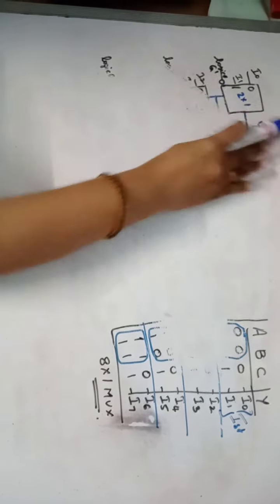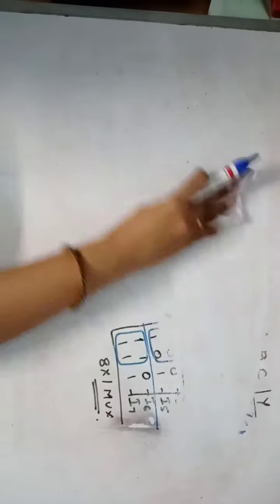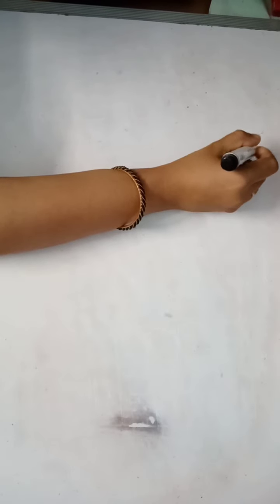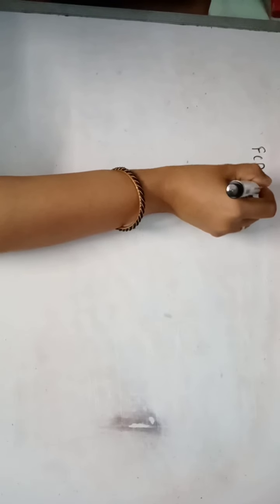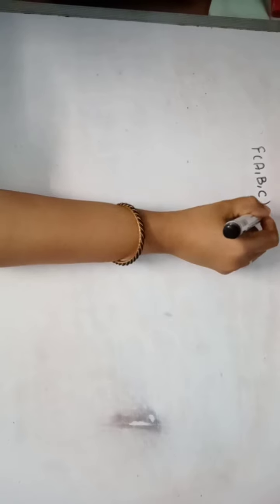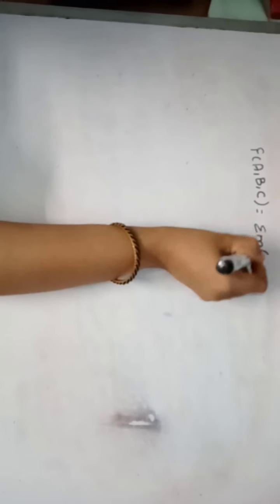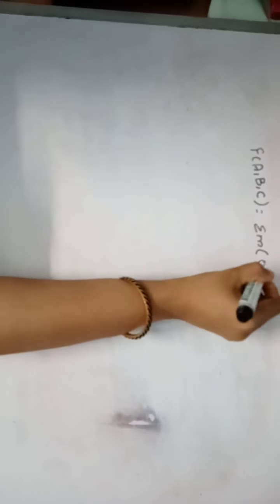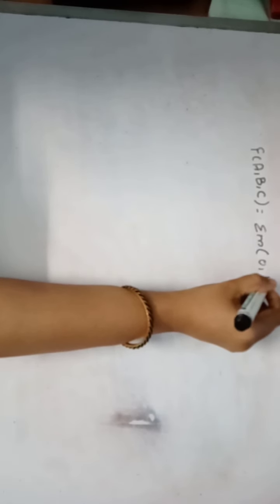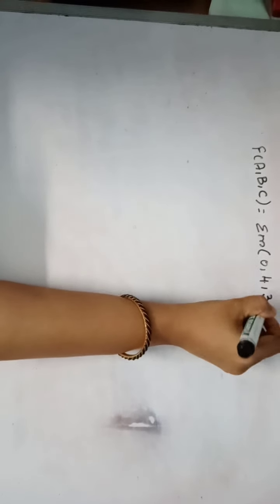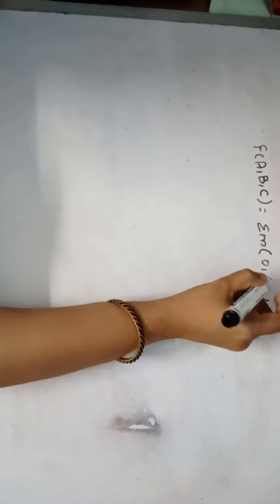Now next, another problem which can come is function of ABC equal to sigma m, something like this.